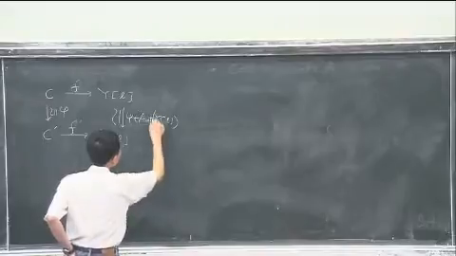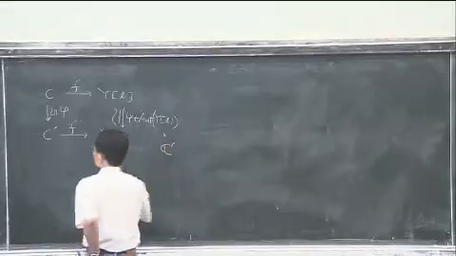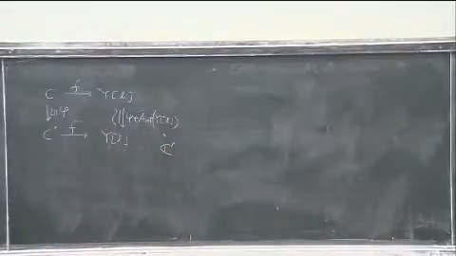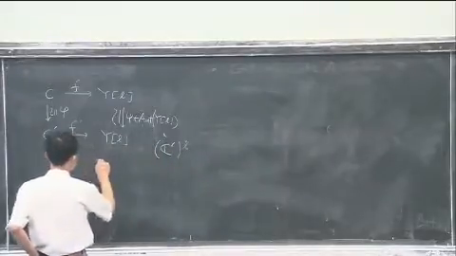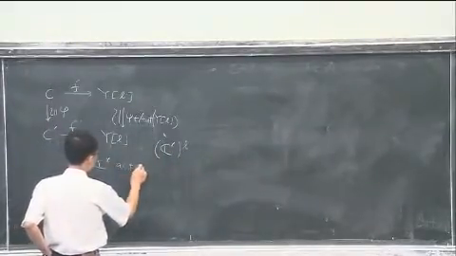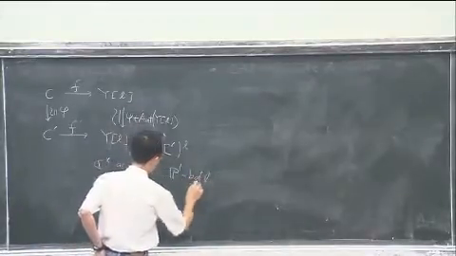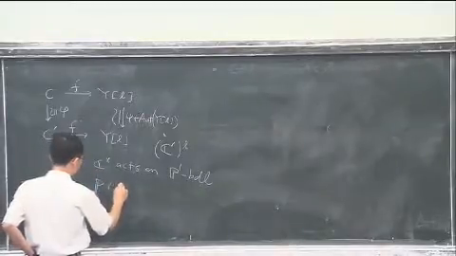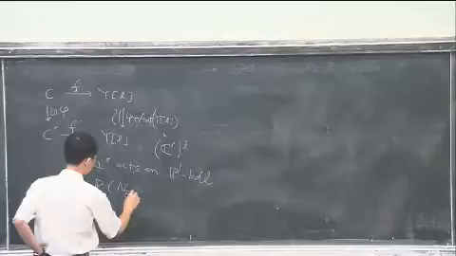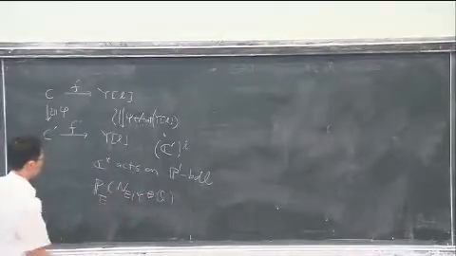Now I'm allowing automorphism of Y_L. And what is the automorphism of Y_L? This is a C star action on every one of these P1 bundles.